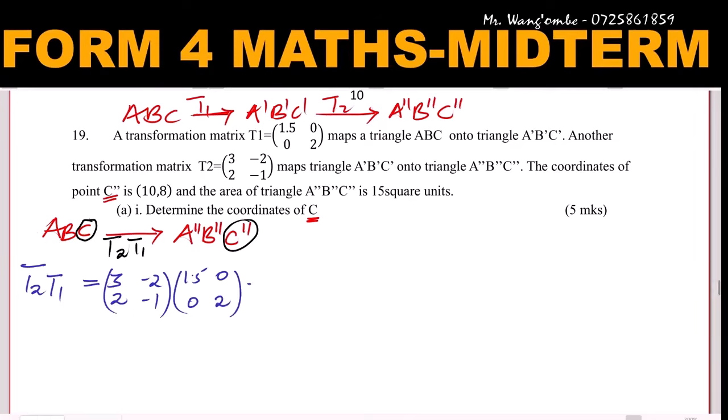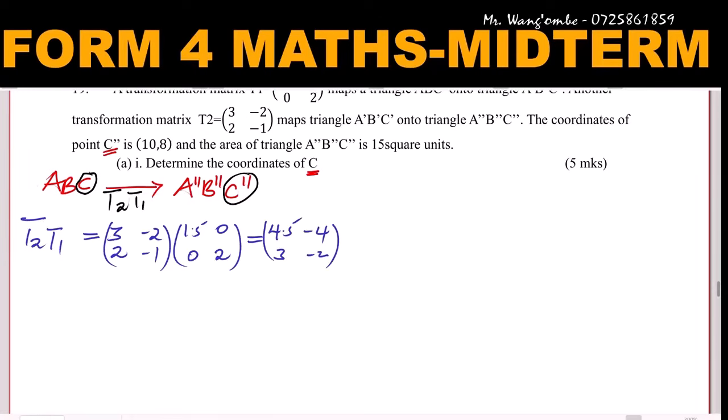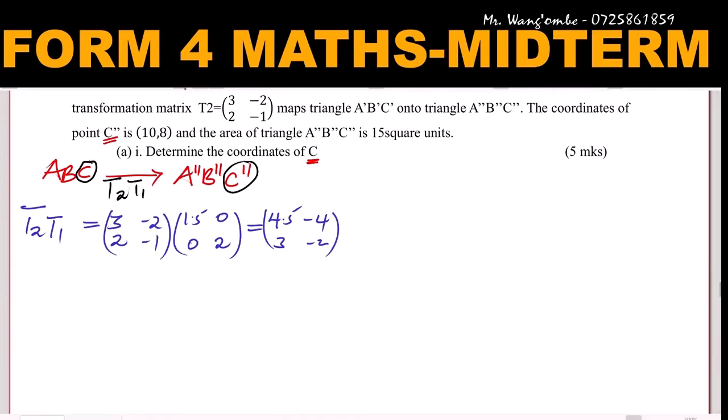When you multiply these, ensure that you're able to multiply any 2 by 2 matrices. You must understand that concept before you solve this question. So you get 4.5, negative 4, 3, negative 2. So that is the single matrix of transformation for this successive transformation.